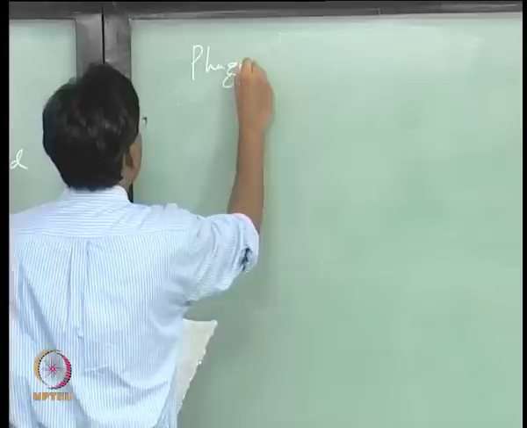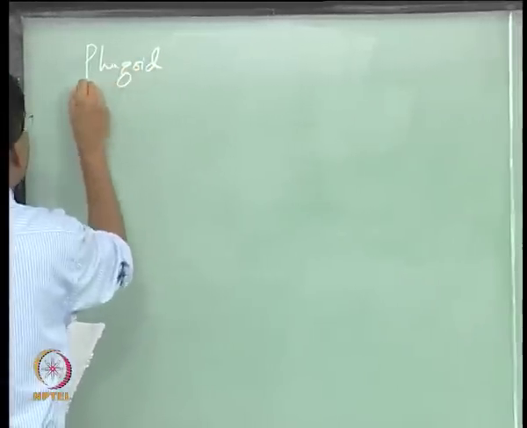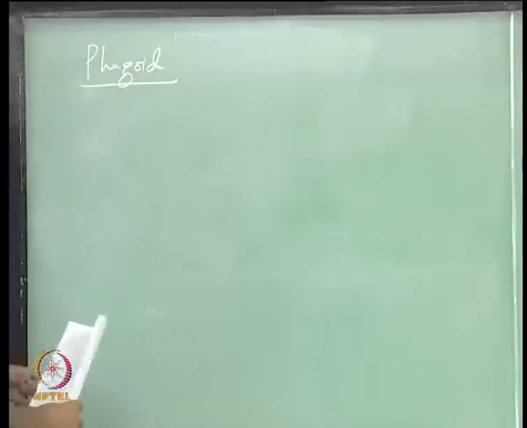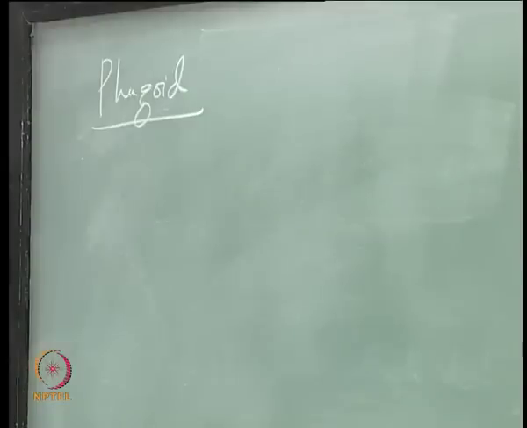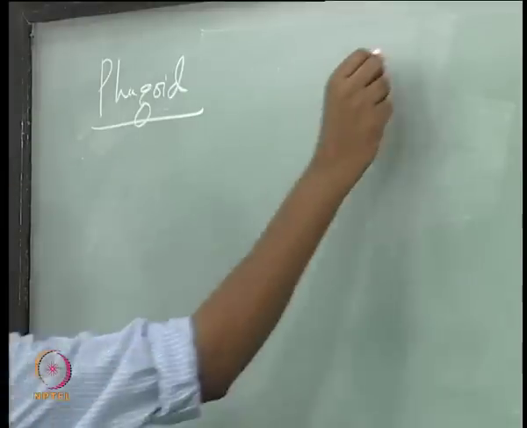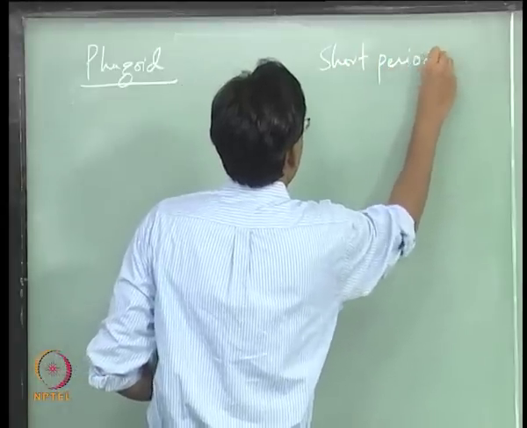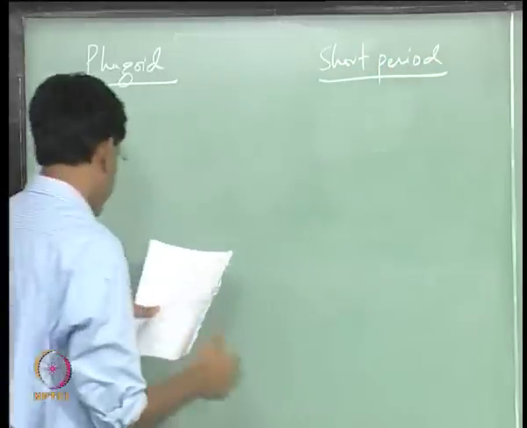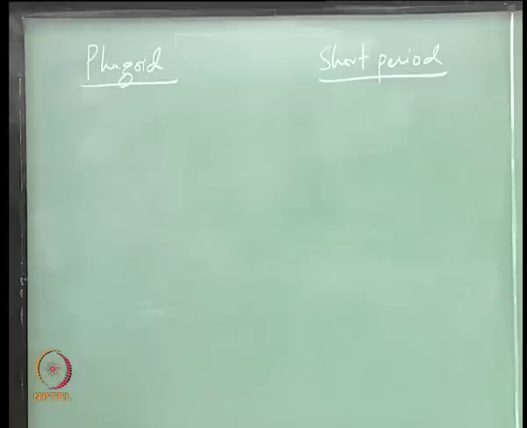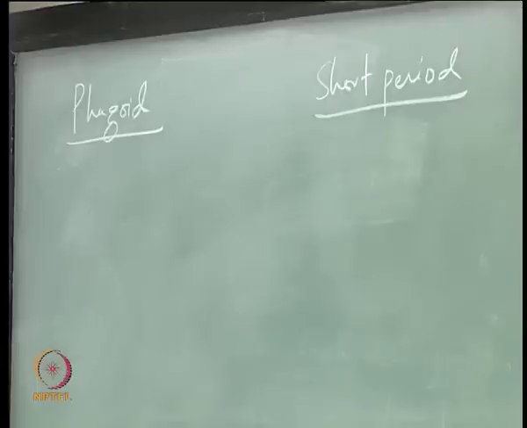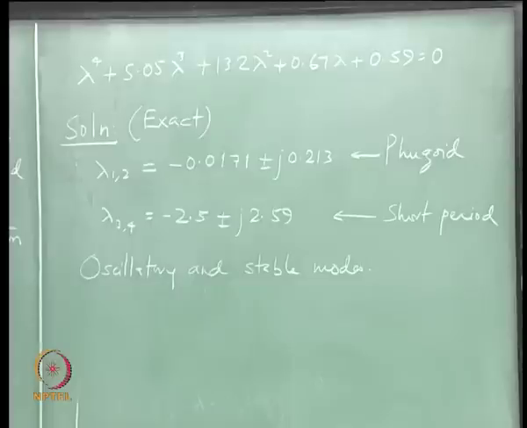So, let us now list down the characteristic parameters which define the aircraft perturbed motion corresponding to the phugoid and short period modes, and we will list down here the exact and the approximate values. The approximate values are based on the formulas that we derived using a simpler explanation of physics.